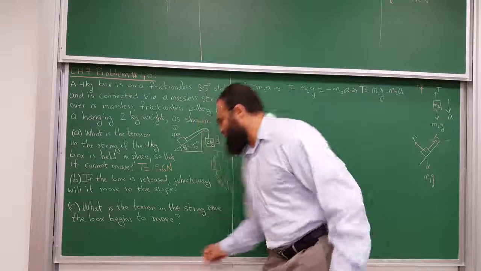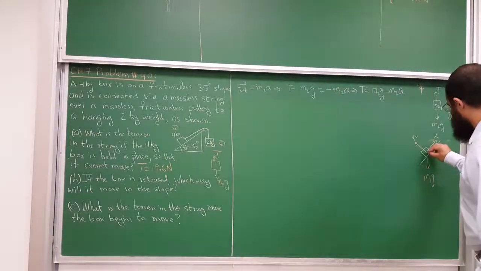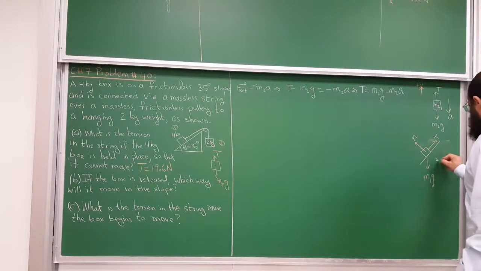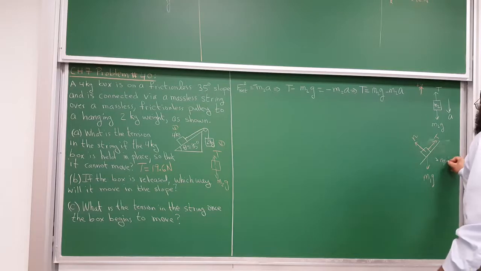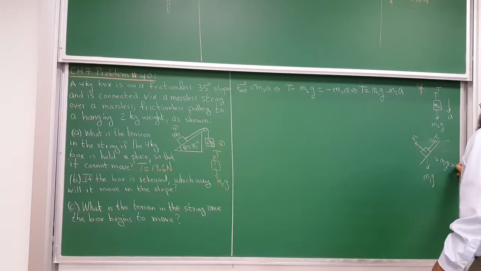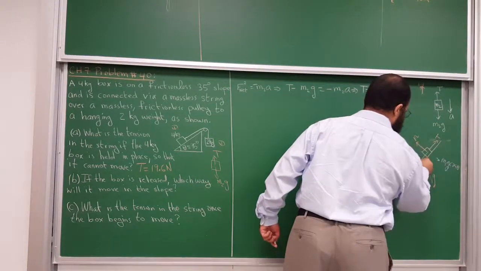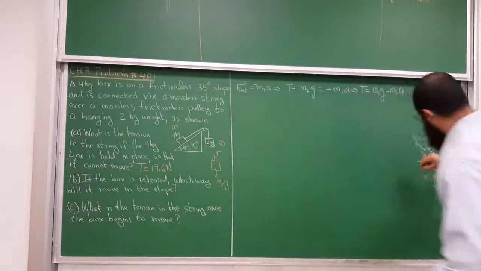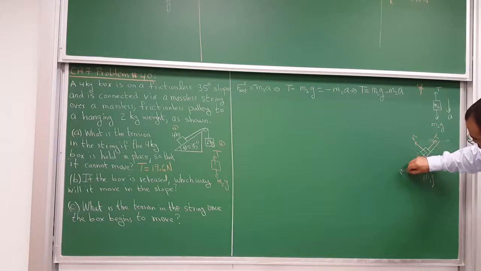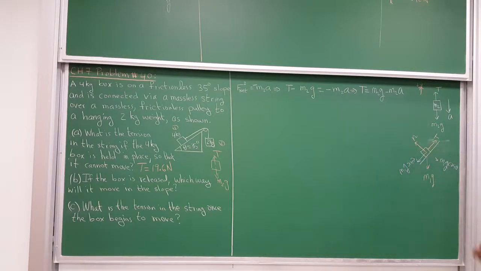Now gravity will have two components. You got M1g cosine theta, and you got M1g sine theta. How am I going to choose my coordinates? It's up to us.